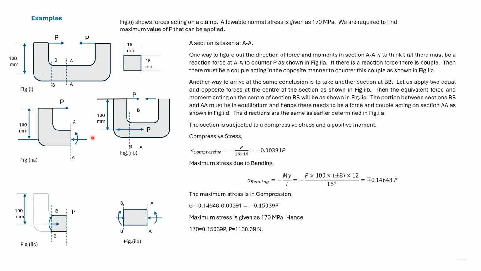Since the load here is compressive, the maximum stress in magnitude is the compressive stress, which we can write in terms of P. We are given the maximum allowable stress, which we can equate and find out the value of P.